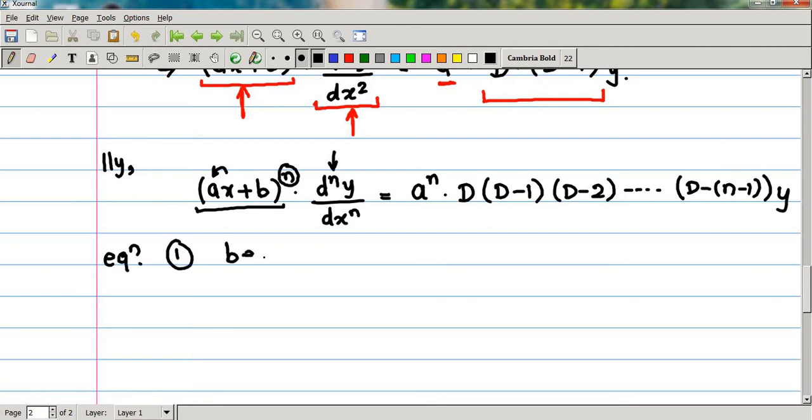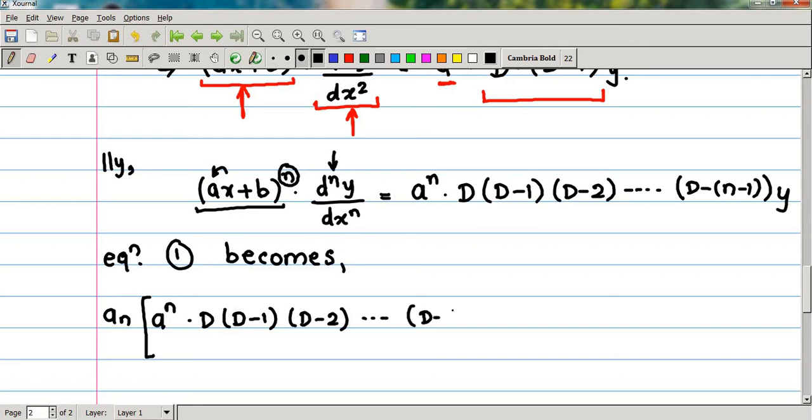Therefore equation 1 can be rewritten as follows. The coefficient of an will be replaced by a raised to n into D, D minus 1, D minus 2 up to D minus (n minus 1).